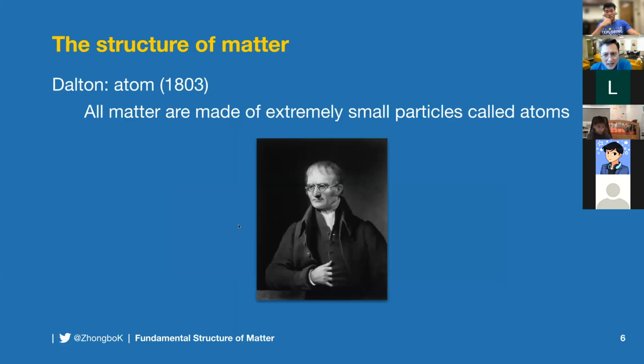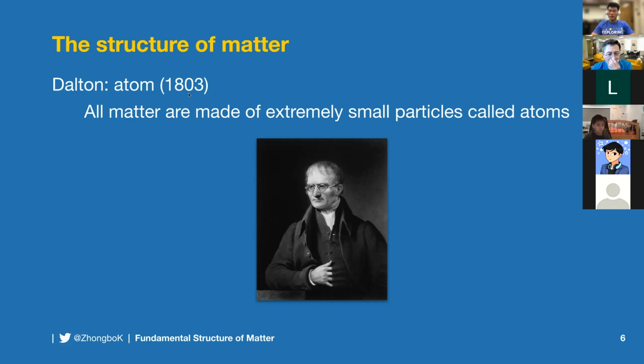So let's go back to understand how exactly the physicists figured out these structures. Of course, from the very beginning, humans have been very curious about our nature, about the structure of matter. But only most recently, around the 18th century, people started to understand this on a more scientific basis.